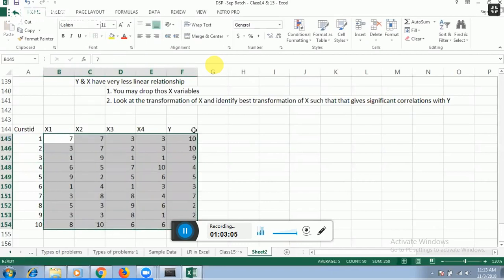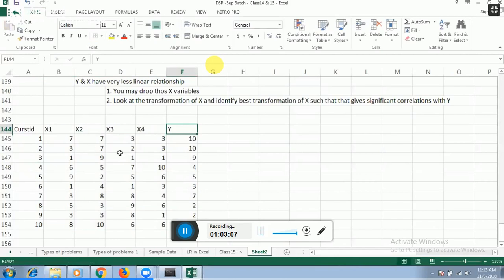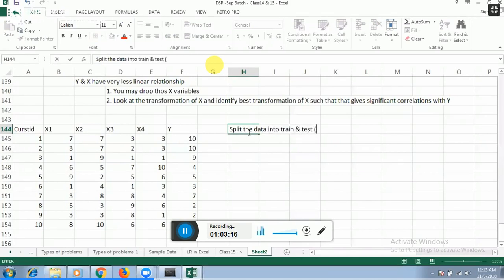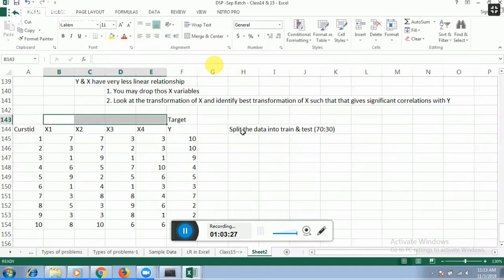This is your Y variable. These are my X variables. Assuming that you want to split the data into train and test with 70% and 30%. Now, this is my target variable. These are my feature variables. So my target and feature variables, you have it.